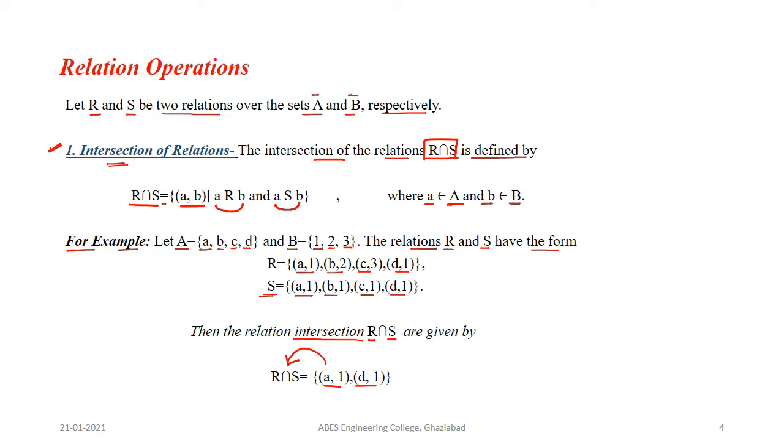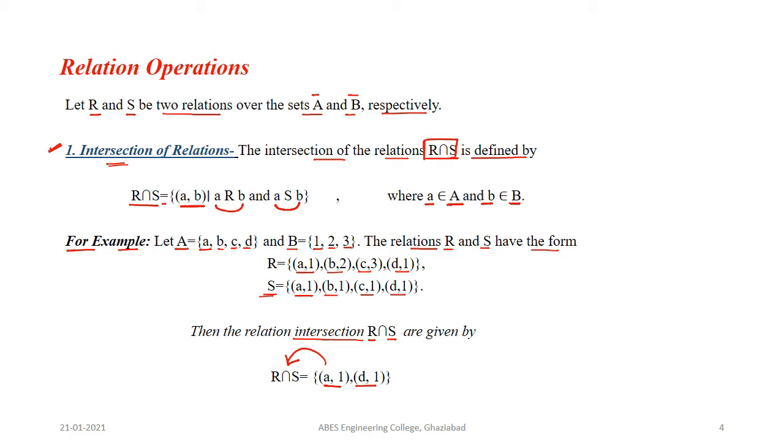Now the intersection of the relations R and S will be denoted like this, R intersection S, and is defined as the set containing the ordered pairs (a, b) such that the ordered pair (a, b) must belong to the relation R as well as to the relation S.